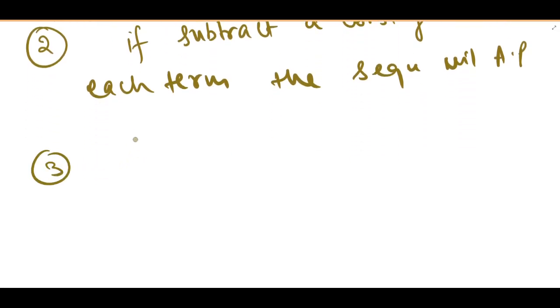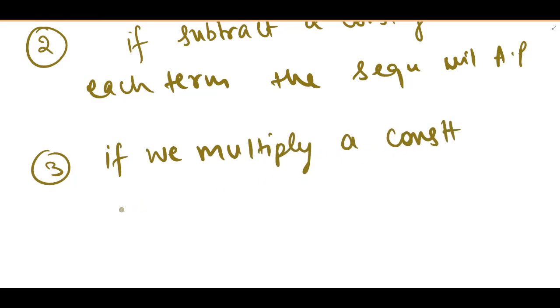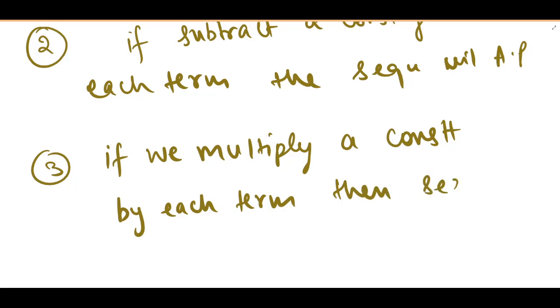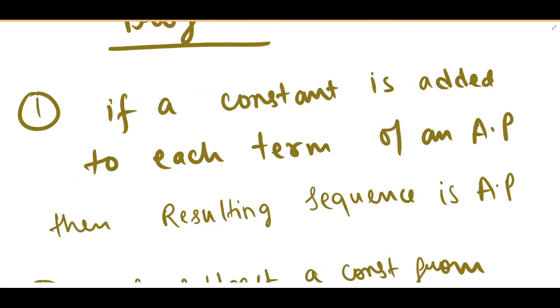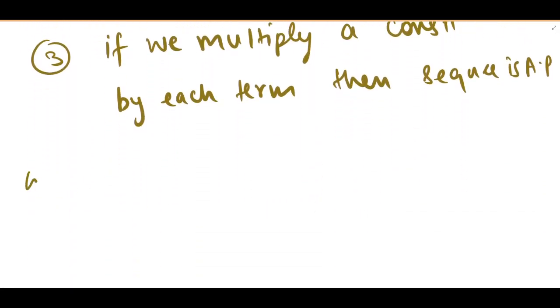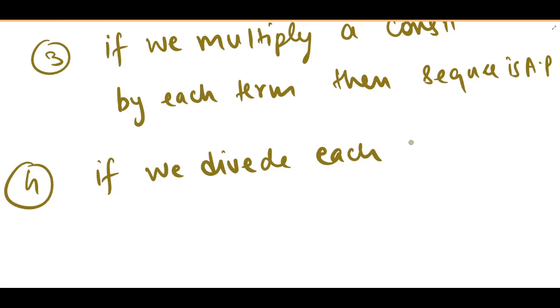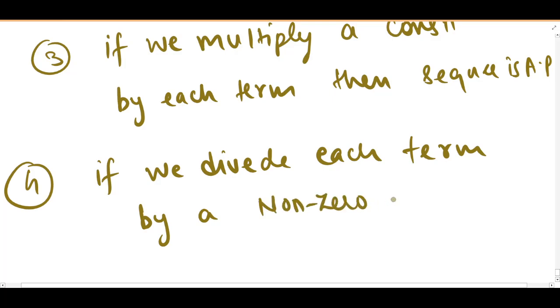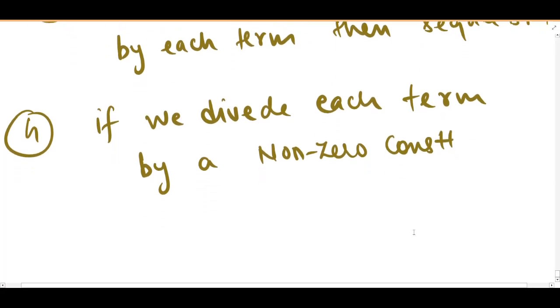Third, if we multiply each term by a constant, then the sequence is an AP. Fourth, if we divide each term by a non-zero constant, then the resulting sequence will be an AP.